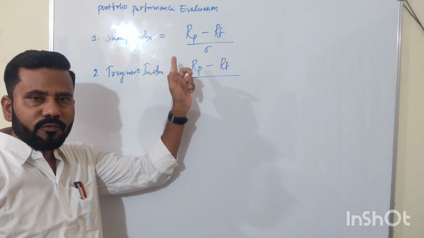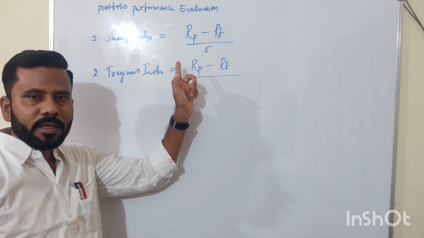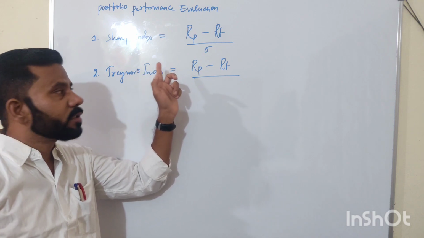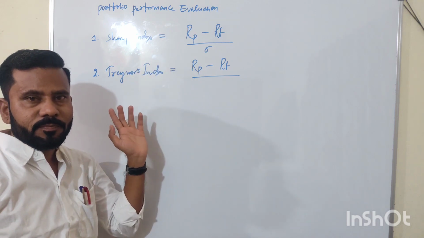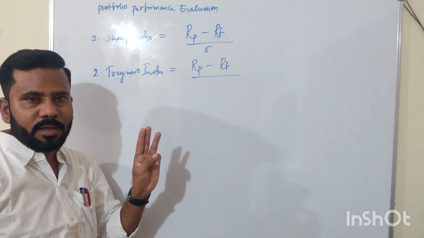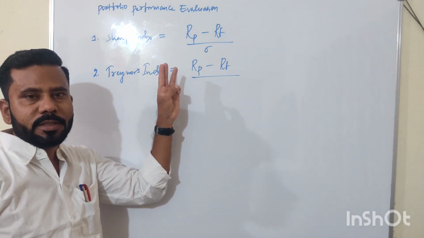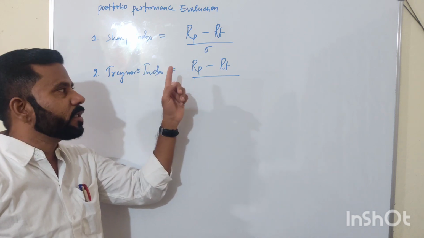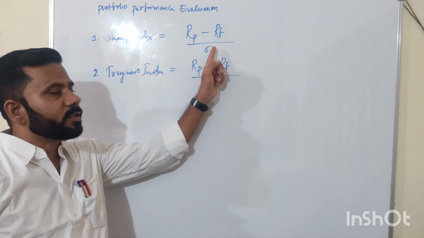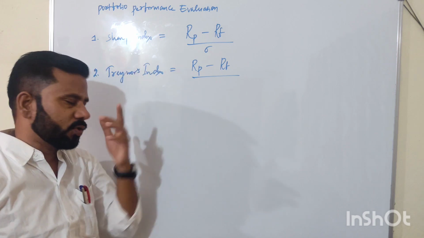If these three informations are given in the problem, very easily and quickly we can calculate Sharpe index or Sharpe ratio. I repeat, three important informations are required: portfolio return, risk-free rate, standard deviation.